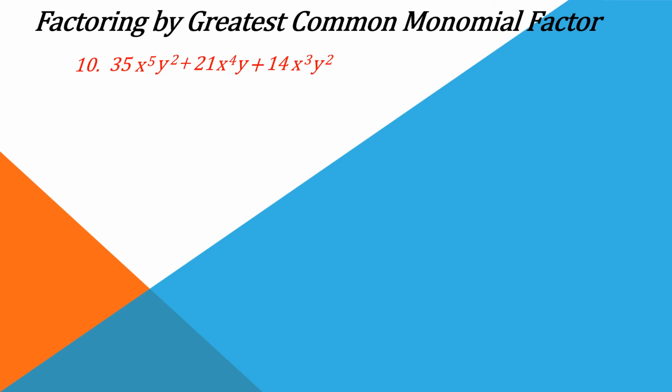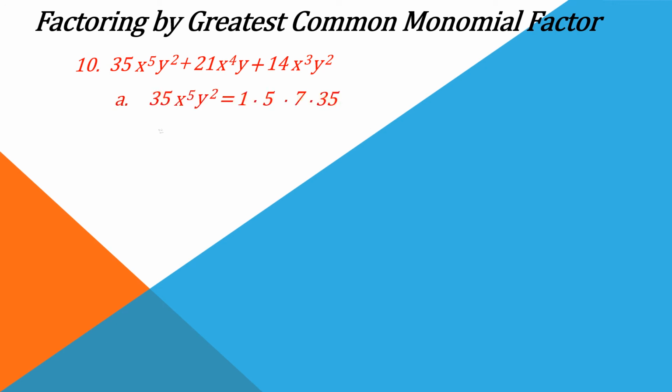For 35x to the fifth y squared, the possible factors of the numerical coefficient are 1, 5, 7, and 35. It means 1 multiplied by 35 and 5 multiplied by 7 are both equal to 35.